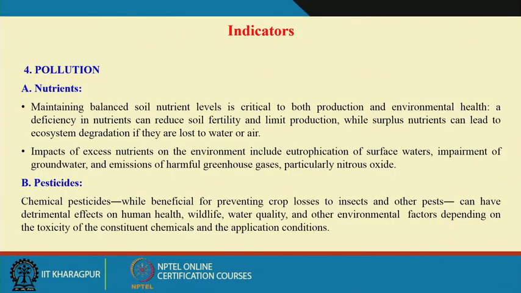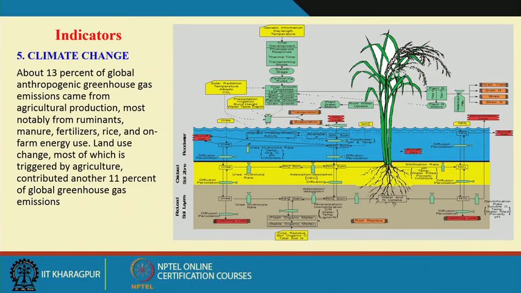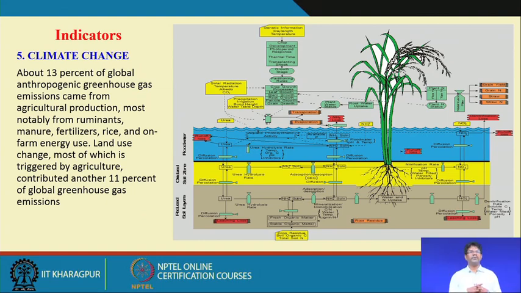sustainable agricultural production. So, the last indicator is climate change. If you see climate change, agricultural activity contributes to greenhouse gas emissions: about 13% of global anthropogenic greenhouse gas emissions came from agricultural production, from ruminants or livestock, manures, fertilizer, rice and energy use.